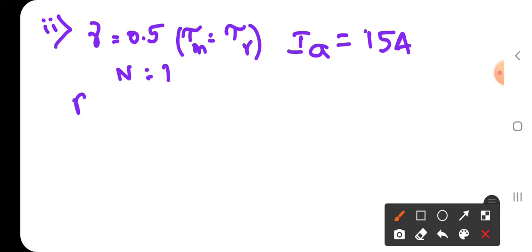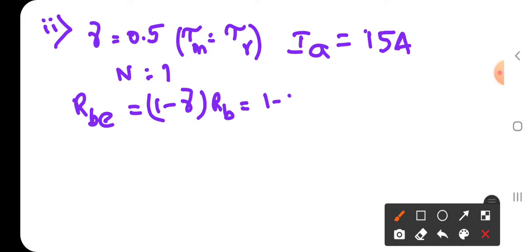So first we find the effective resistance of braking, that is (1 minus gamma) into RB, is (1 minus 0.5) into 20, which is given by 10 ohms. Then we find the back EMF.